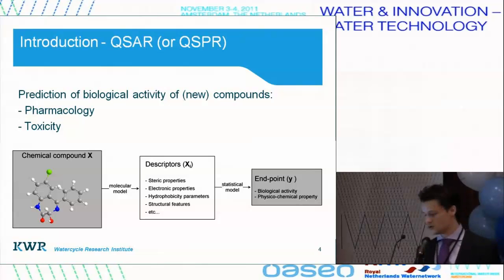It can be all kinds of different properties of the compound. And you relate that in the end to the endpoints which you would like to know, which can be, for example, a biological activity, but also a property like a boiling point or something related to water treatment. And that's what we're interested in.